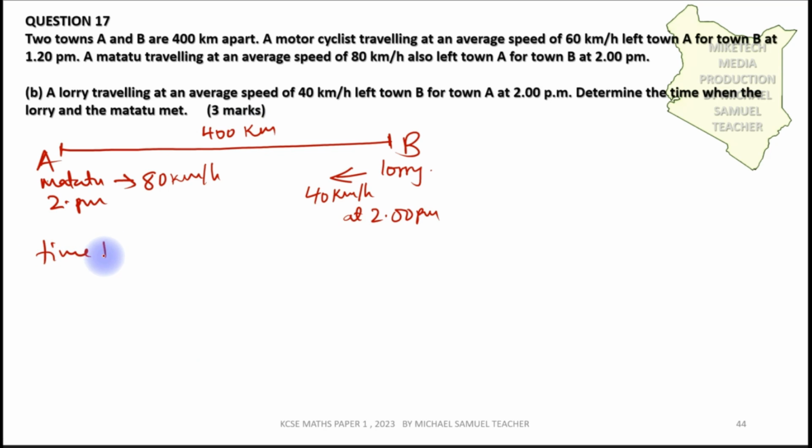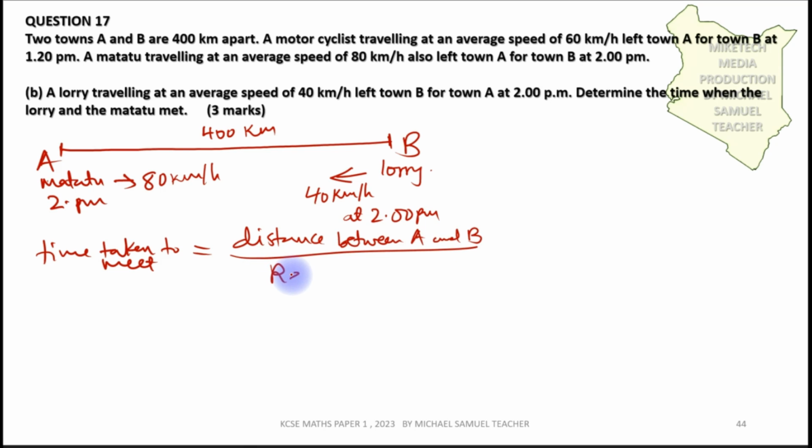So the time taken to meet is the distance between A and B, all over the relative speed. The distance between A and B is 400 kilometers, and the relative speed, since they are moving in opposite directions, we add the speeds: 80 plus 40.